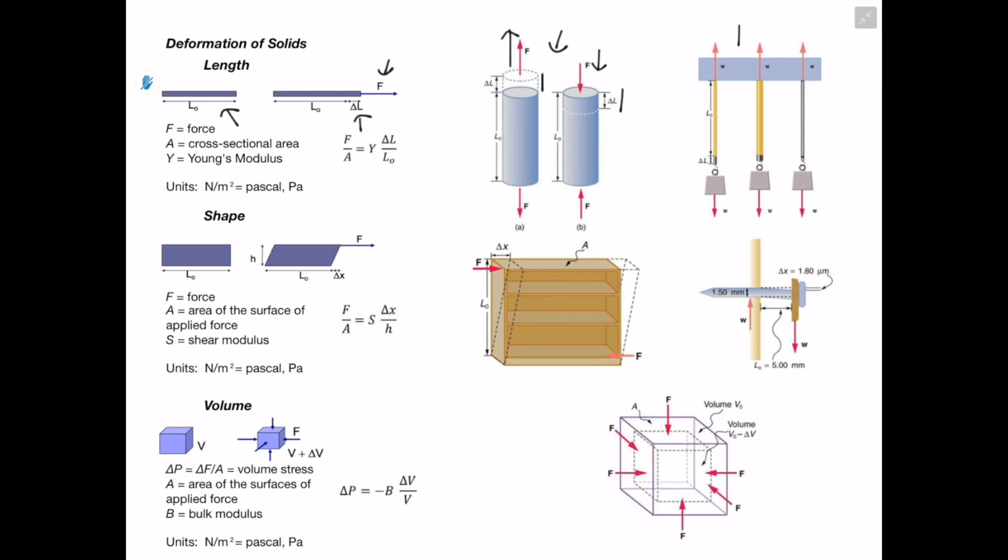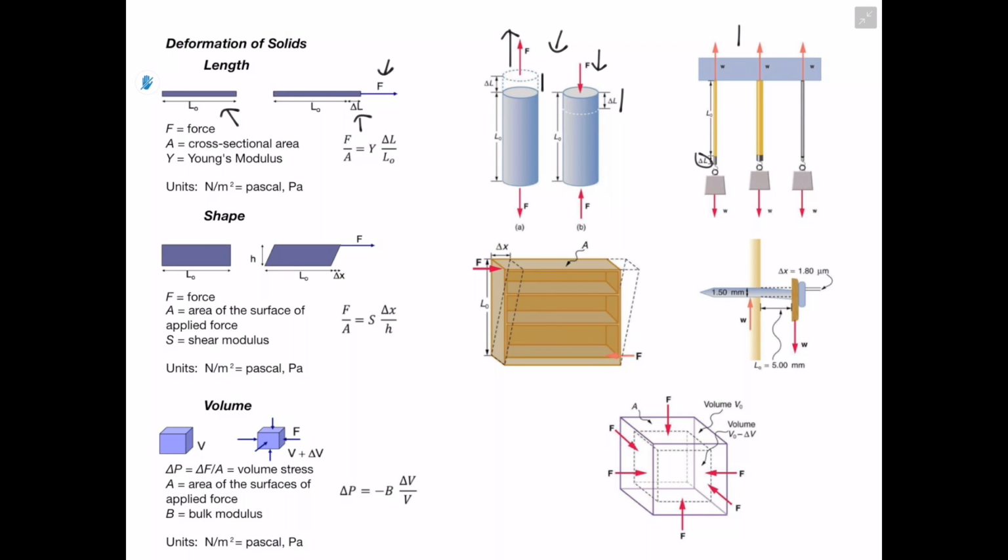And we can see in this example, when we have the same weight applied to the same length of cable, our actual change in length is going to be different for each cable depending on what the cable is made out of.